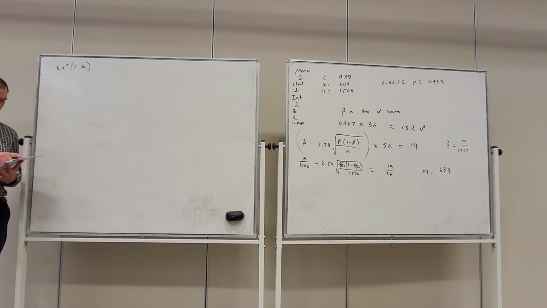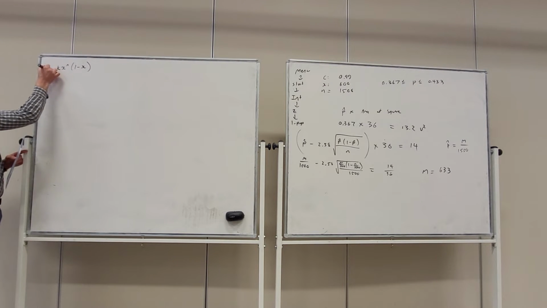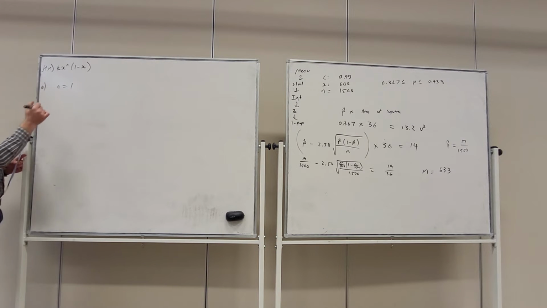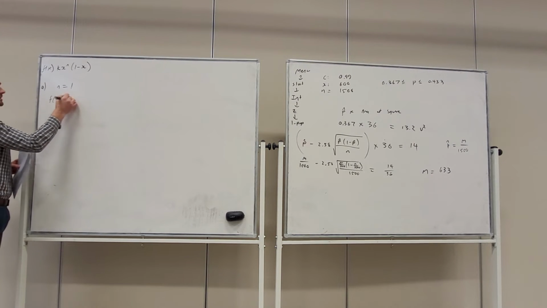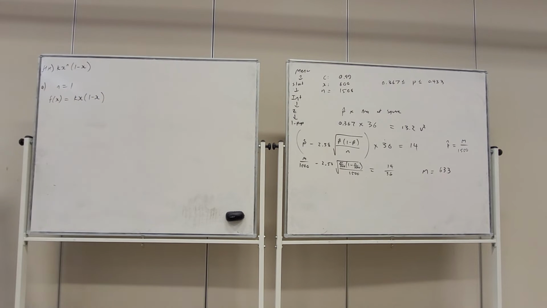And then they say, okay, now when n is 1, find k such that it's valid. So in part A, they've said n is 1. That means our function is going to be kx times 1 take x. And it says find k given that it's a valid probability density function.